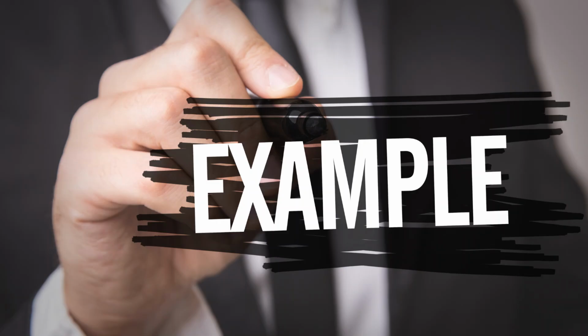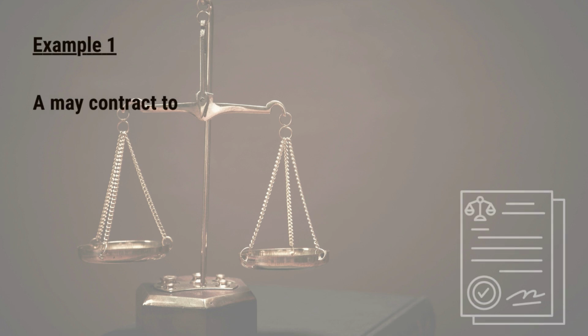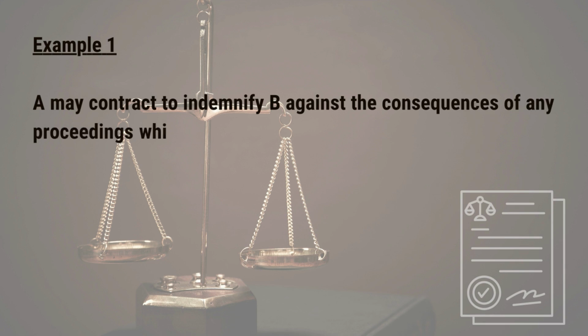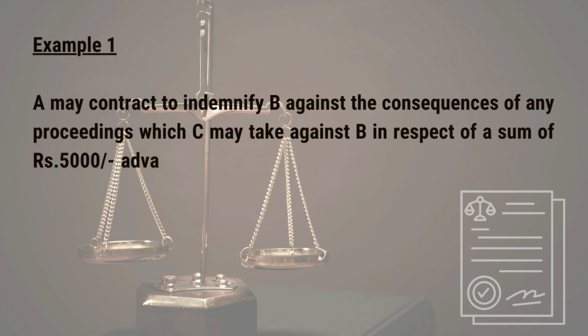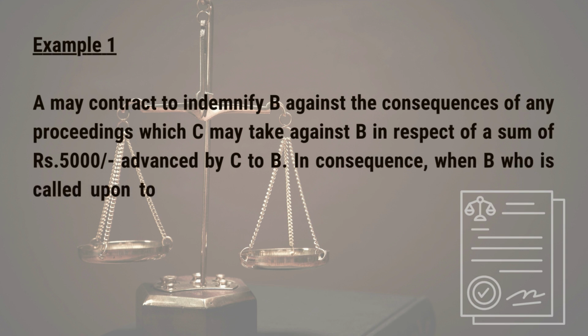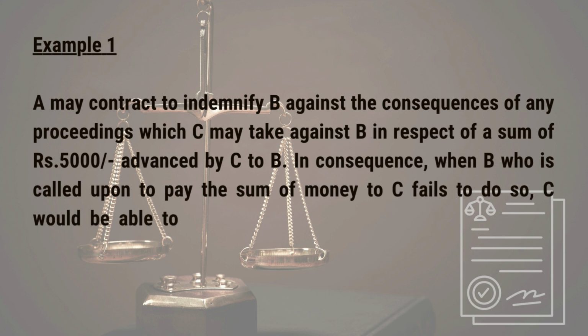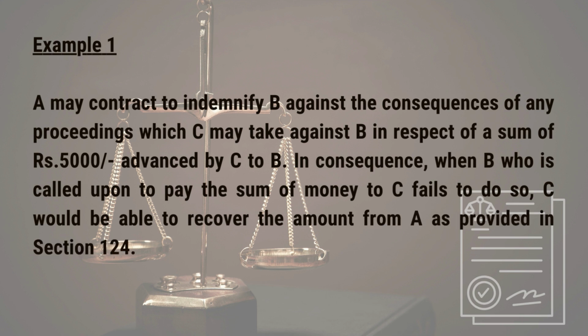I would be explaining this with the help of an example. For example, A may contract to indemnify B against the consequences of any proceedings which C may take against B in respect of a sum of rupees 5,000 advanced by C to B. In that case, B is called upon to pay the sum of money to C, and if he fails to do so, C would be able to recover the amount from A, as A is the indemnifier.